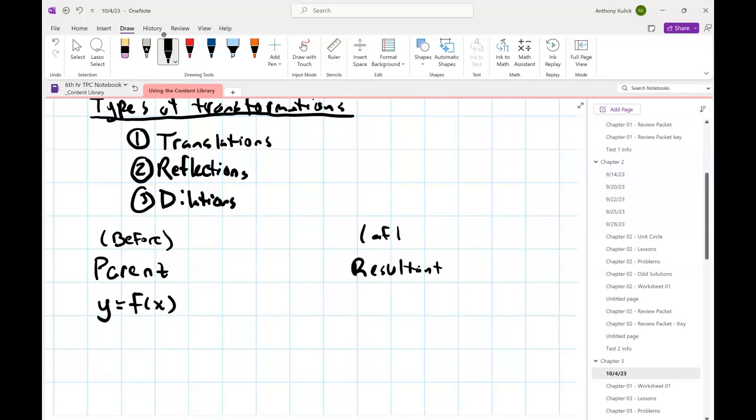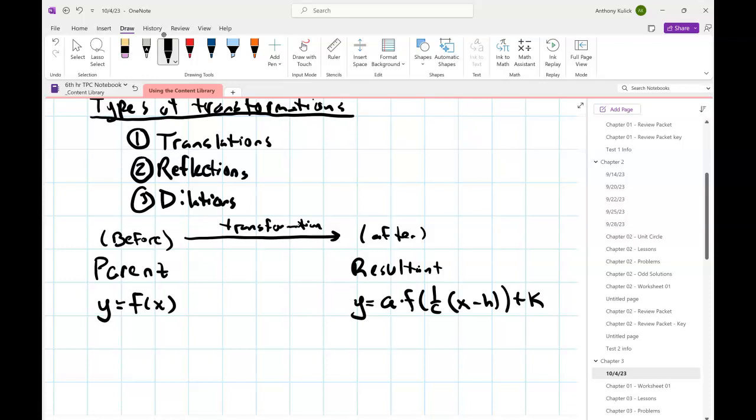That's like our after, where we've done some kind of transformation. And our resultant will always be some version of the parent, right?